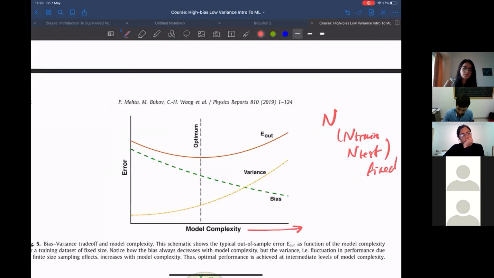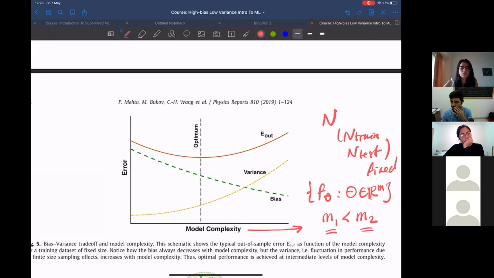So typically, if your hypothesis class is defined by theta, which is an m-dimensional vector, a hypothesis class with m1 less than m2 is less complex. So the hypothesis class with m1 is less rich than the hypothesis class with m2.